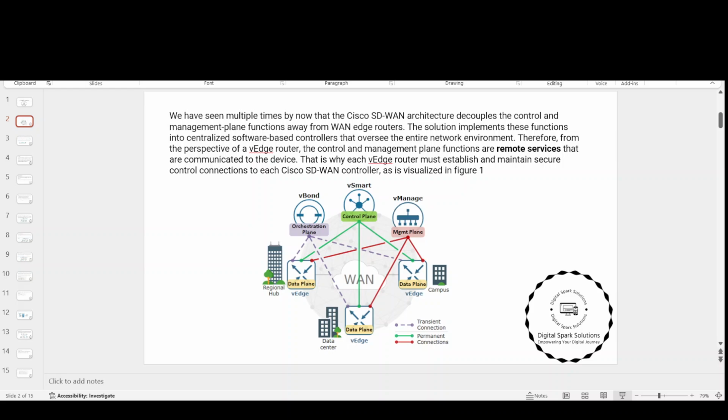For example, vSmart uses the Cisco Overlay Management Protocol, OMP, to communicate routing, TLOC, and service information among vEdges. vManage uses NETCONF to push configurations to devices, SNMP to collect data, and ICMP echo/reply to detect liveliness.